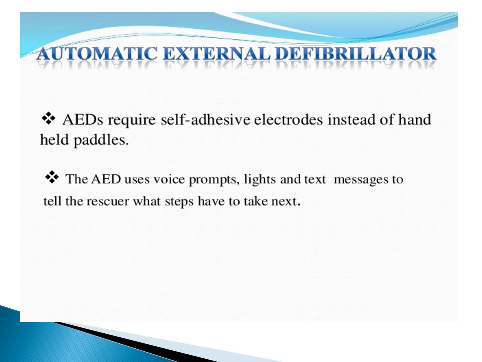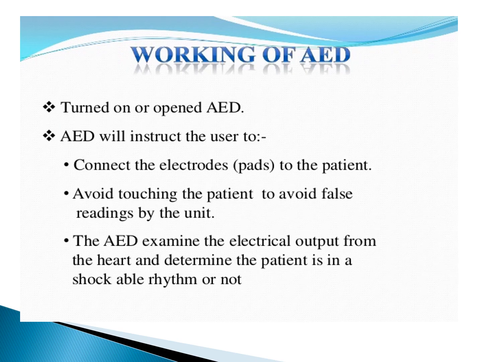So always you will be given the self-adhesive electrodes for an AED. It uses voice prompts; it gives voice and light messages to tell the rescuer what to do next.